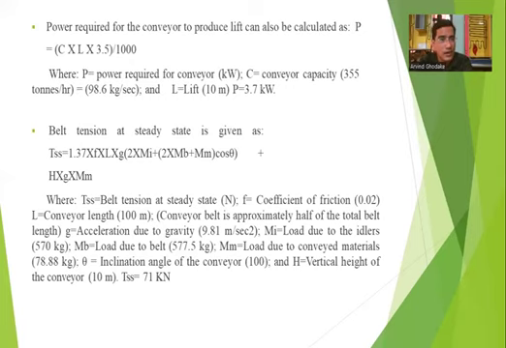Then the belt tension at a steady state is given as TSS by using this formula.